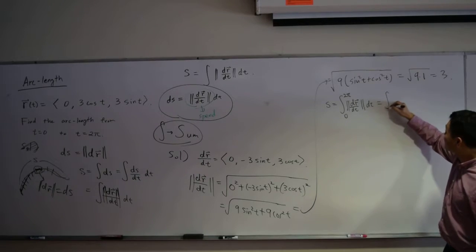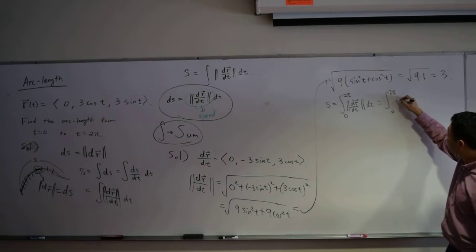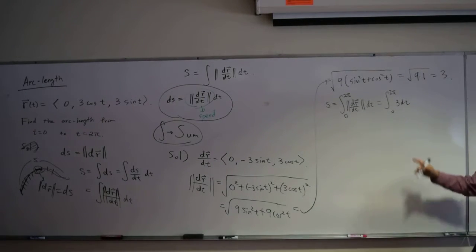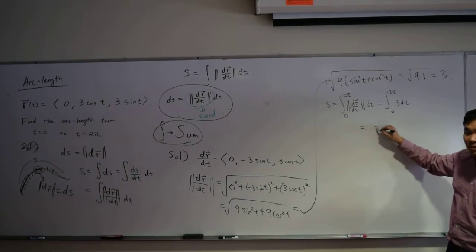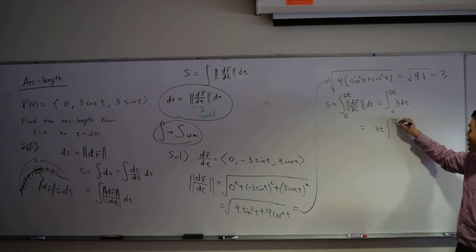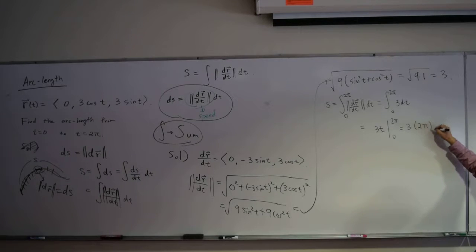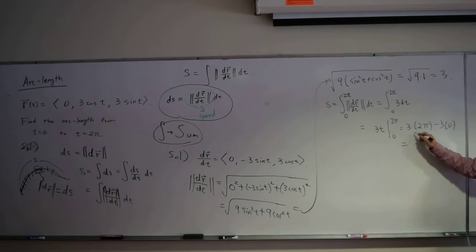So we integrate 3, you get 3t. You plug in 2 pi and 0, you get 3 times 2 pi minus 3 times 0. That's how you do the definite integral, right? That's 6 pi minus 0, which is just 6 pi. Exactly the same as what we thought it was.